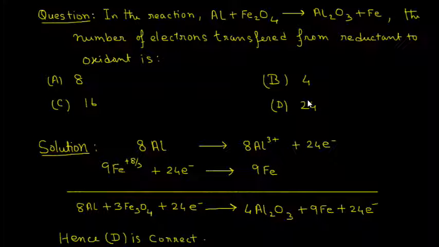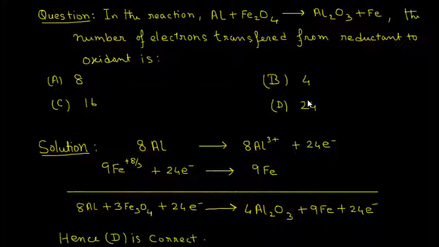Let us see one more question. In the reaction Al plus Fe2O3 gives Al2O3 plus Fe, the number of electrons transferred from reductant to oxidant is: option A 8, option B 4, option C 16, option D 24.